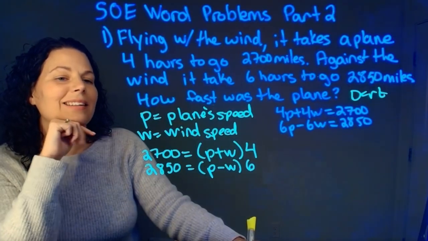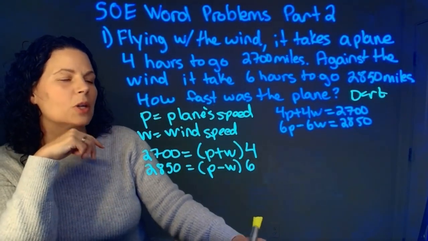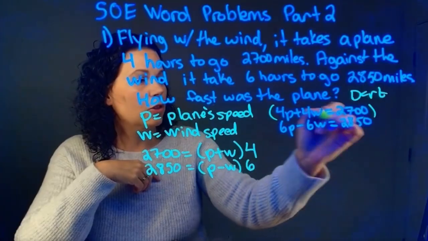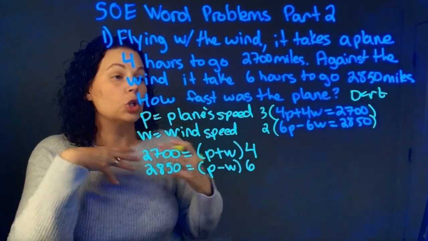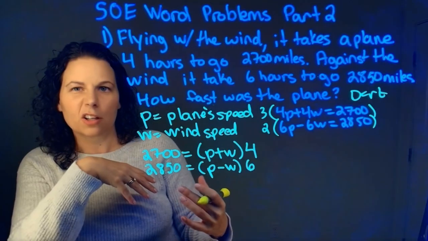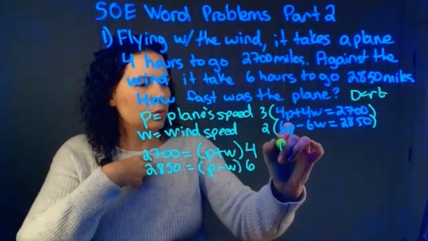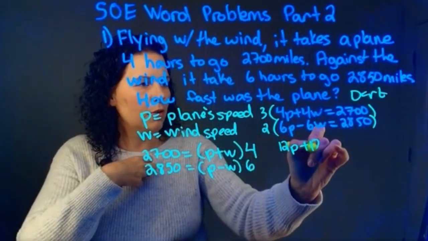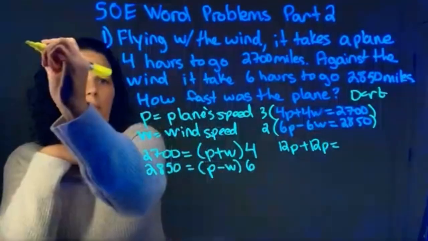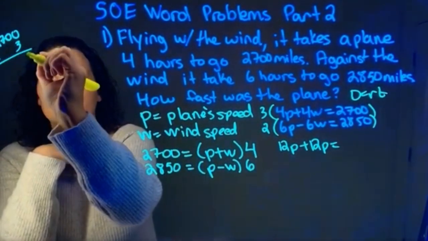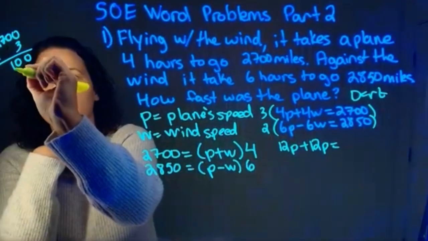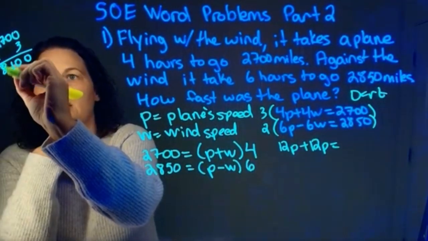4 and 6, the least common multiple is 12. So if I multiply this one by 3 and this one by 2, my numbers won't be huge, and hopefully I can solve it a little bit easier. So that's going to give me 12P plus 12W equals 2,700 times 3, which is 8,100.